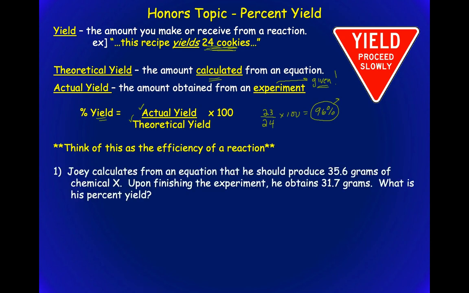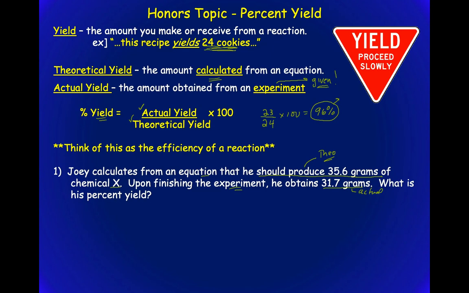For example, it could be asked very simply like this. Joey calculates from an equation that he should produce 35.6 grams of chemical X. That should produce is my theoretical, from an equation. Upon finishing the experiment, he obtains 31.7 grams. This would be my actual, because it's from the experiment.